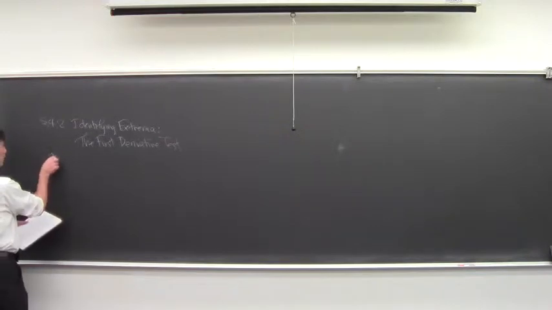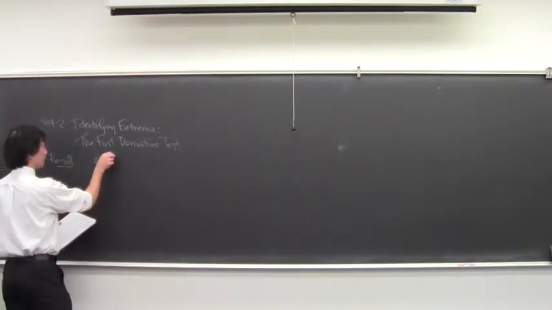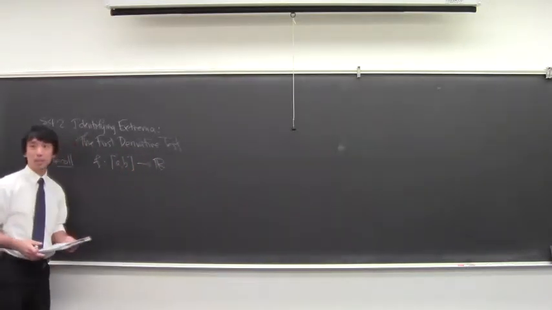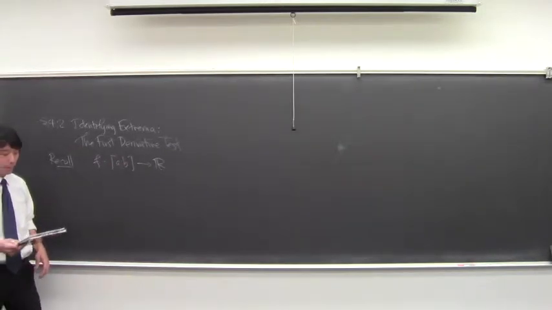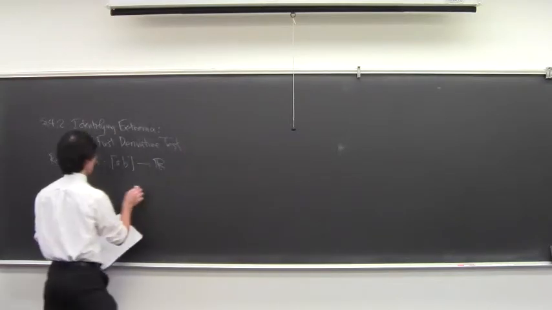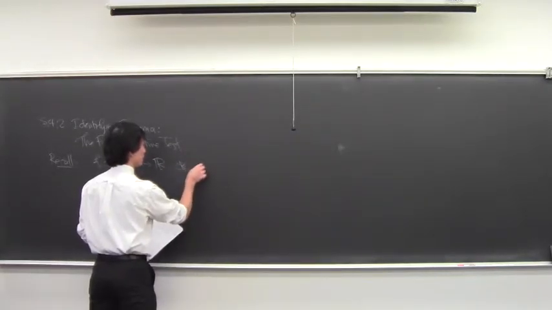So recall, somebody gave you a function, right? Somebody gives you a function on a closed and bounded interval, say, and it's continuous, and maybe it's also, in fact, differentiable.